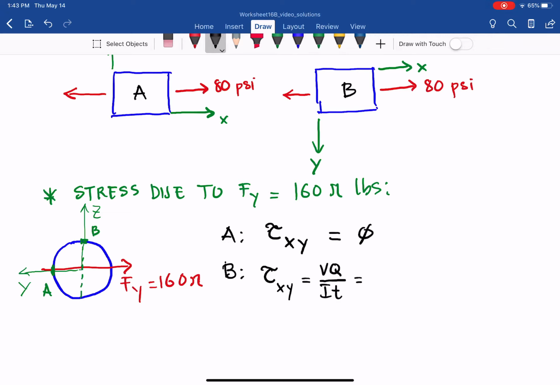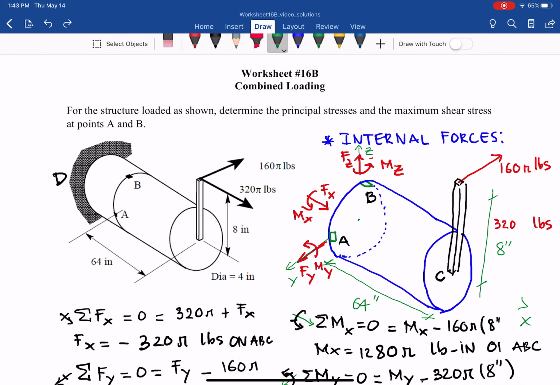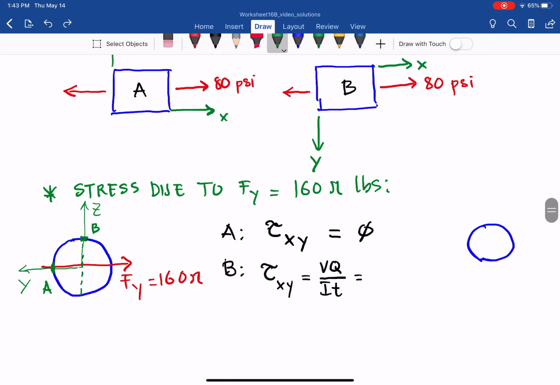If you go to the inside cover of your book, we have a cross section like that, and the neutral axis. Q is the first moment of the outward area.